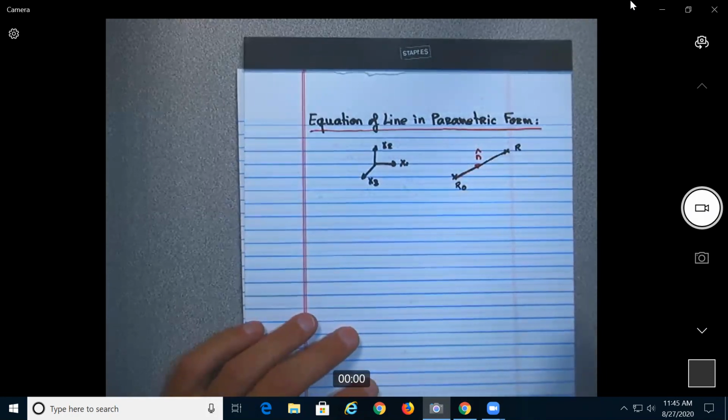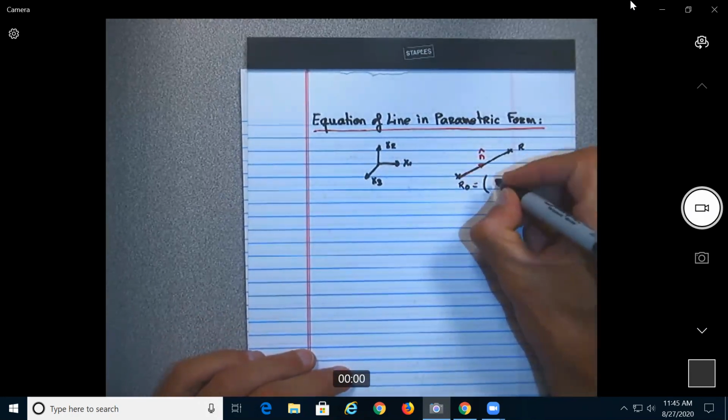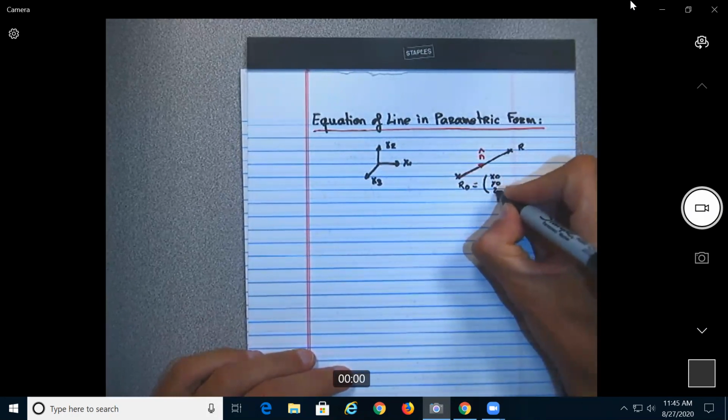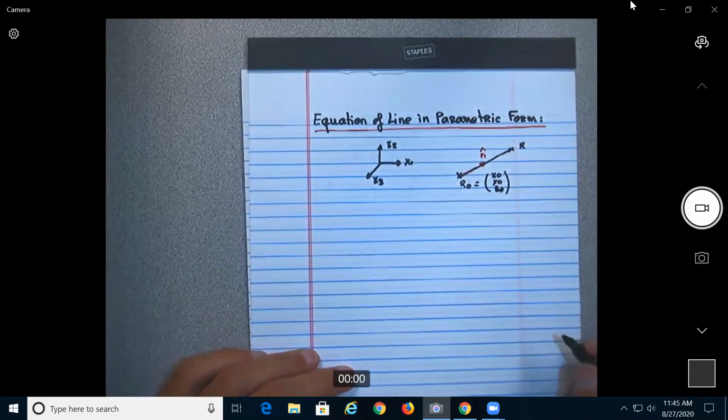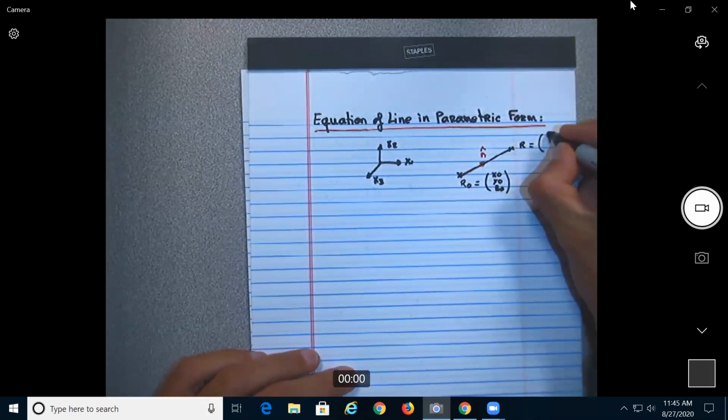So what do we know over here? Let's say that r sub naught will be equal to x sub naught, y sub naught, z sub naught, and that r over here, the point, would be x, y, z.